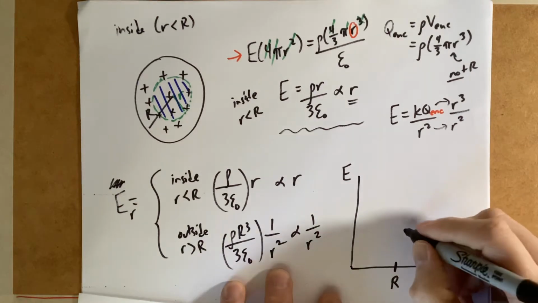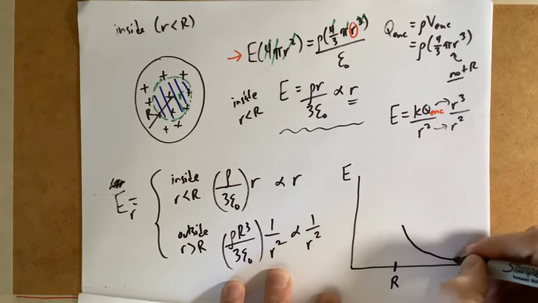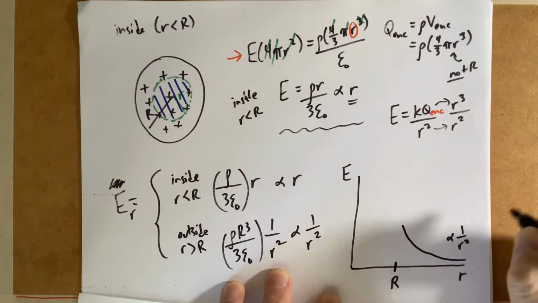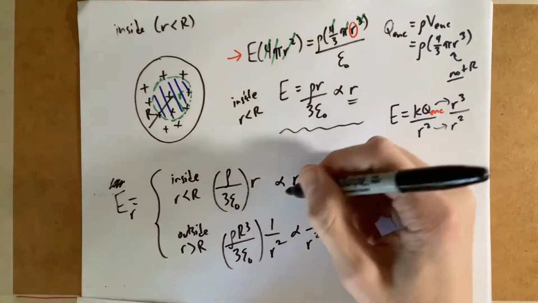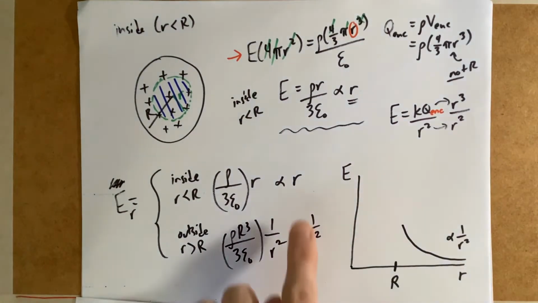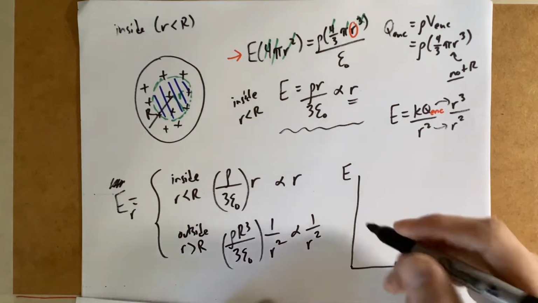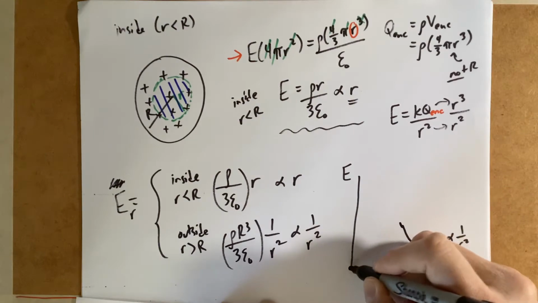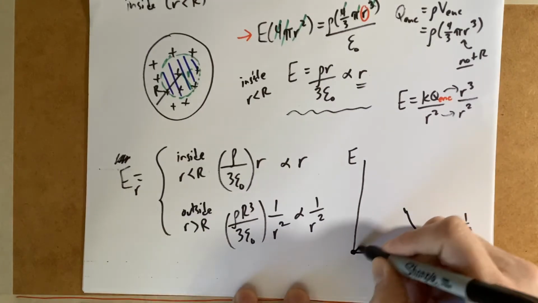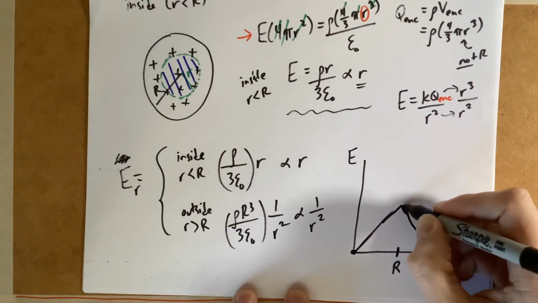Outside just goes off like a point charge, proportional to 1 over r squared. And then inside, it is linearly proportional to r, which means that if r is 0, I get nothing. And then it does grow linearly, and as I'm about to show you, it does exactly connect with this, okay?